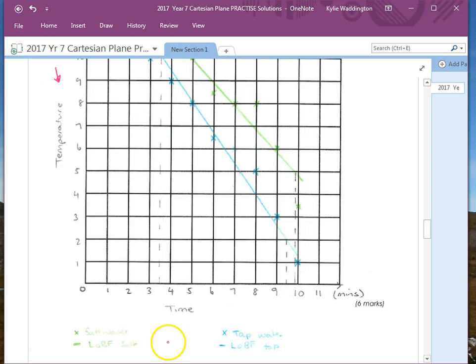It doesn't have to pass through any of the points. It just needs to be an average as such. Then I've got my tap water in blue doing the same thing. The crosses represent the actual data points and the line of best fit is the line in blue. You'll also see that there are dashed lines here, and that'll come up when we answer the following questions. So we'll come back to those as such.